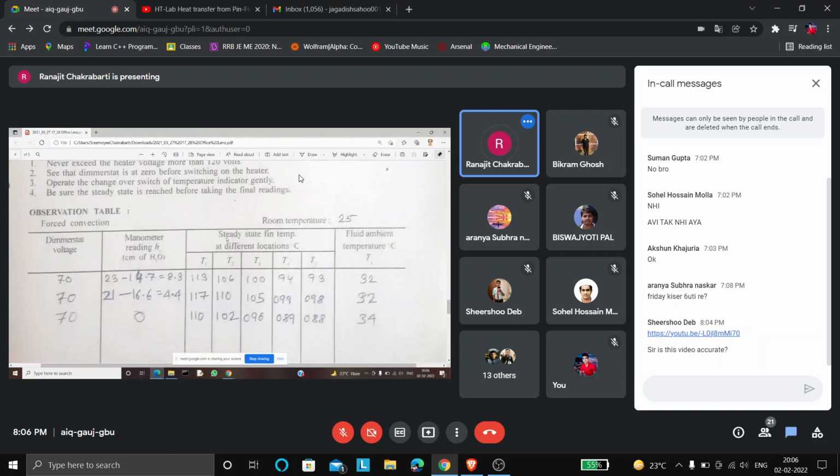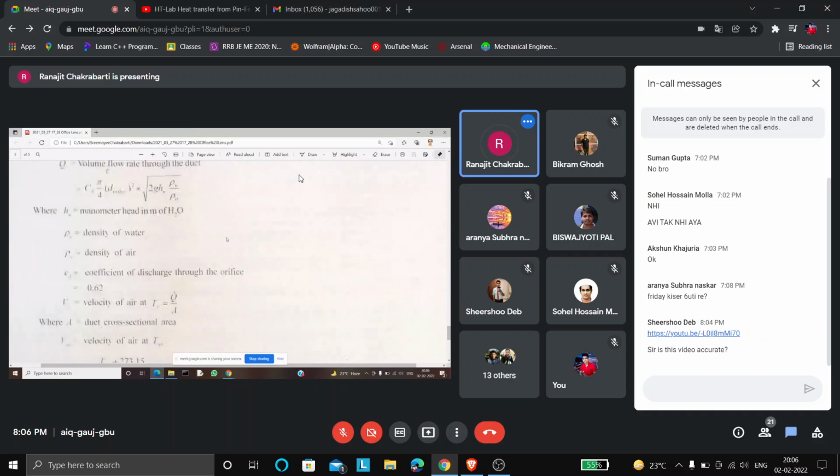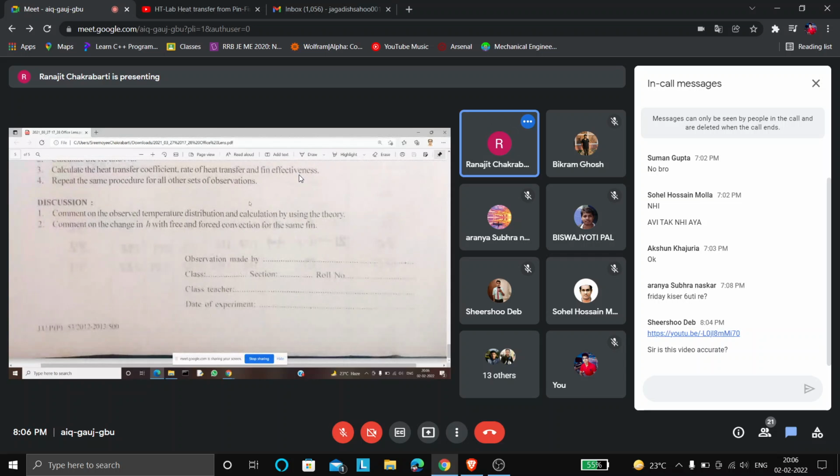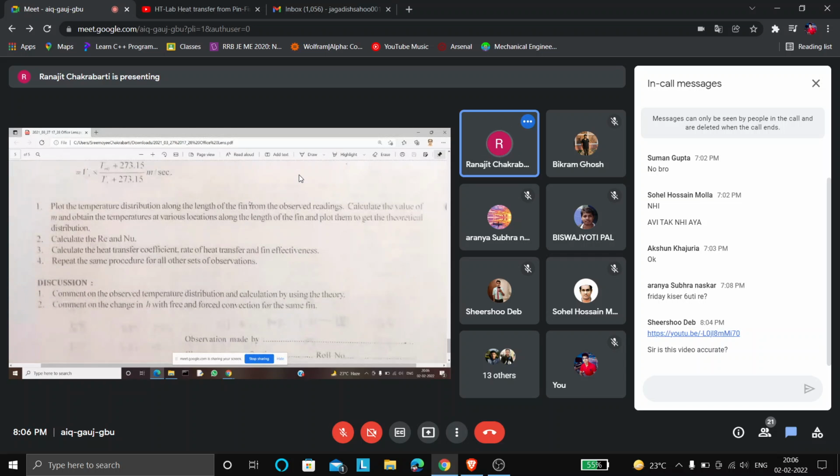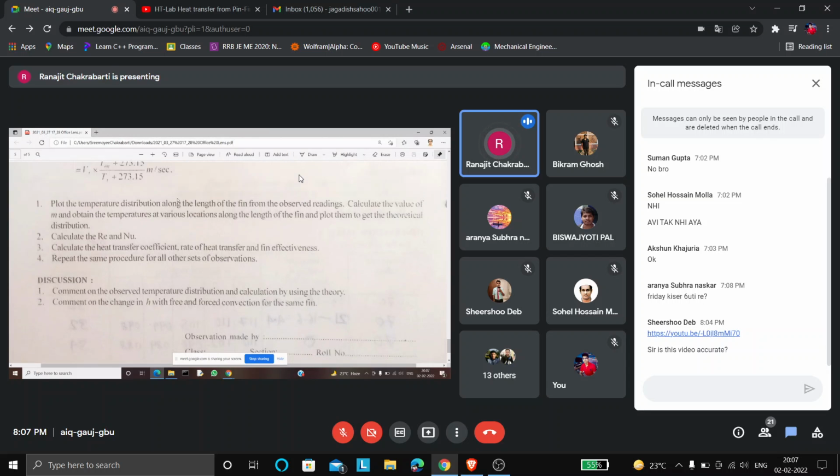You have to give these things, but you have to find the fin effectiveness also. Here, the effectiveness equation is not given. You have to find effectiveness also, but you have to write one sheet which gives the sample calculation, the entire calculation for a particular run.